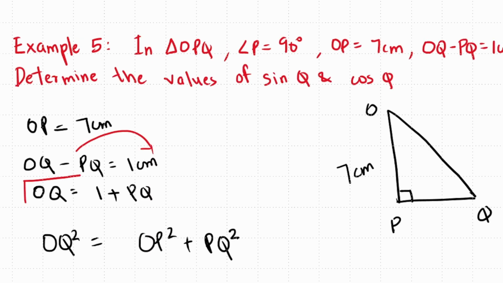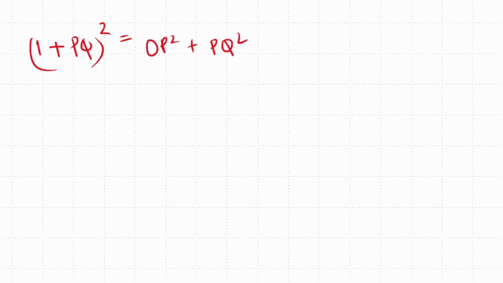I've already found out what OQ is. OQ is nothing but 1 plus PQ, right? So we wrote 1 plus PQ whole square in the place of OQ square.